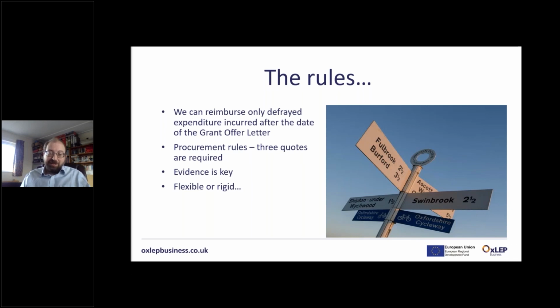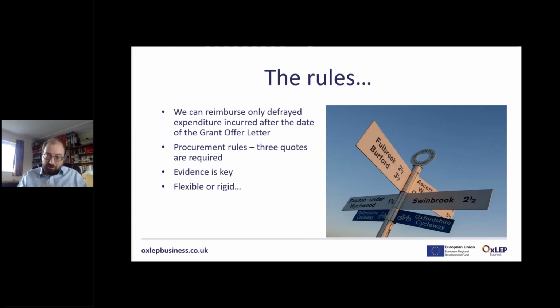If you think you need to spend anything before the offer letter date, you must absolutely contact us. There can be reasons for that, and there can be ways to work around it, but the grant offer letter is the contractual document for the grant. If the offer letter gives an earliest date for expenditure to be incurred, you cannot claim anything incurred before that date.